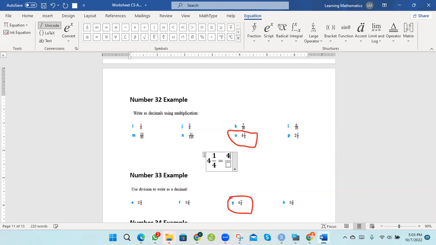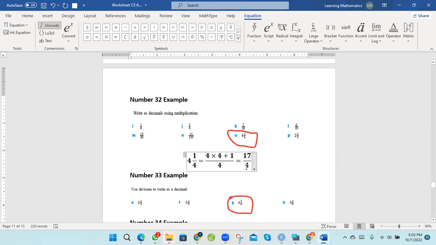So this will be 4 times 4 plus 1. That will give us our numerator. This will give us our numerator and we maintain the denominator. So we are going to get an improper fraction because 4 fours are 16 plus 1 will give us 17 over 4. Now the question says to write as decimal using multiplication.